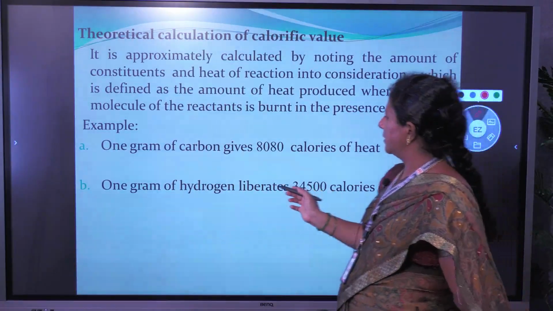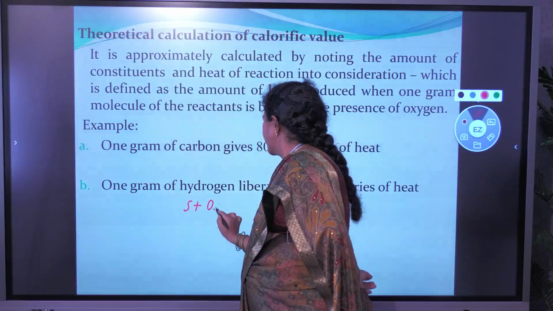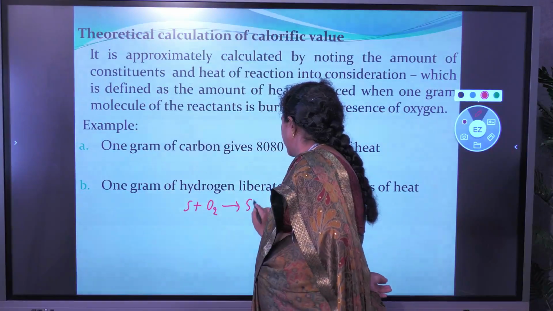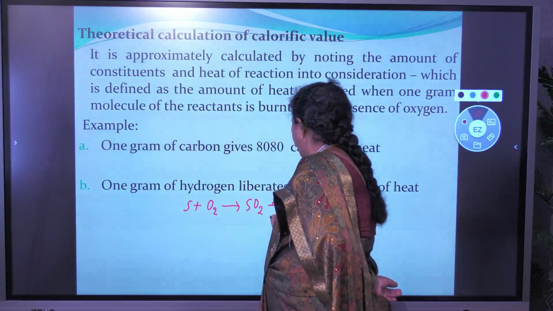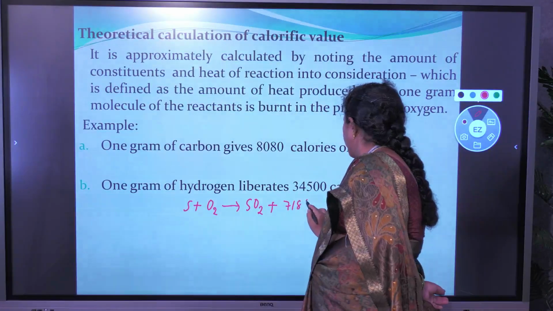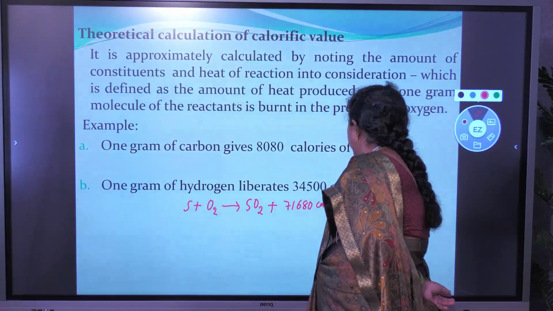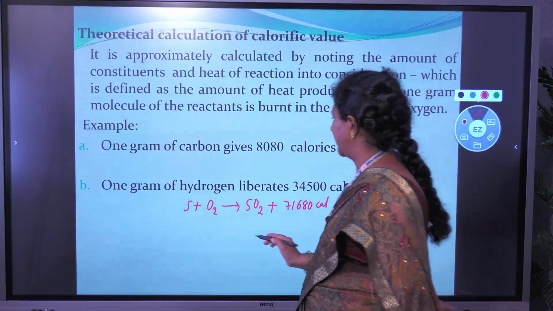Next one is sulfur. So S plus O2 gives rise to SO2, sulfur dioxide, plus 71,680 calories of heat will be liberated.